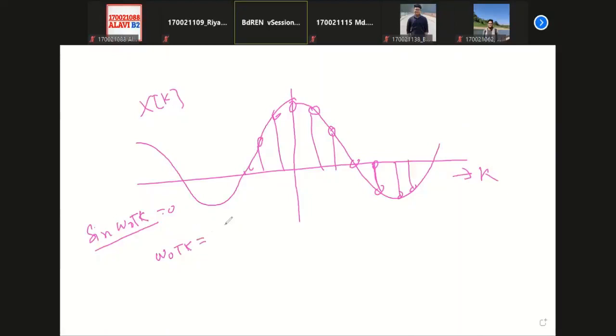It becomes plus minus an integer multiple of pi, isn't it? Then what will be the value of k? Your k would be equal to plus minus n pi divided by omega 0 T.